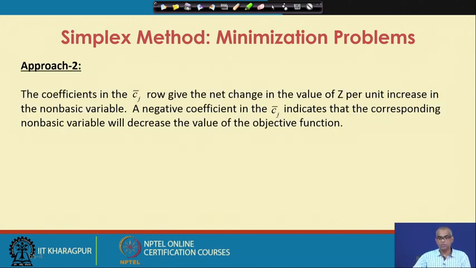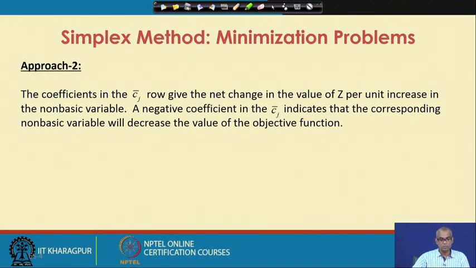The second approach is actually about applying the inner product rule for a minimization problem. The coefficient in the Cj bar row give the net change in the value of objective function, that is z, per unit increase in the non-basic variable.